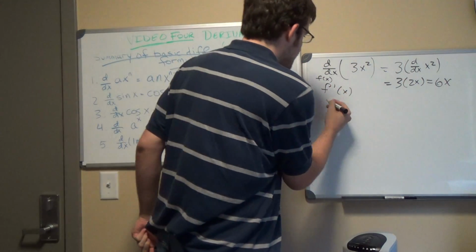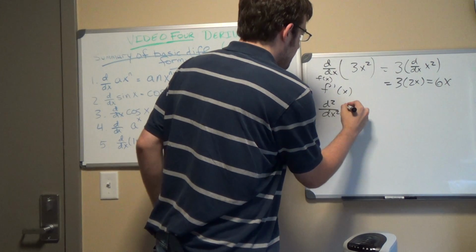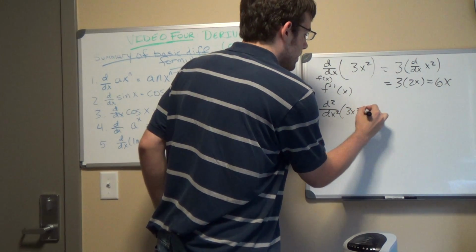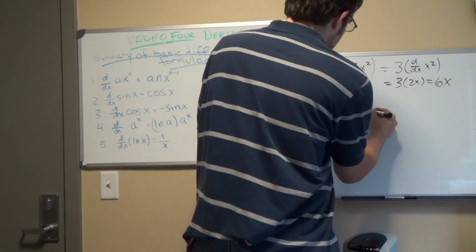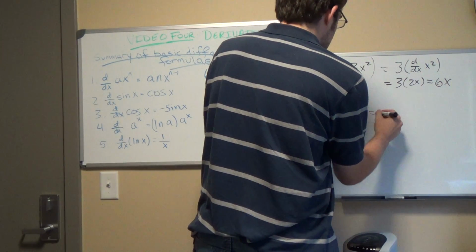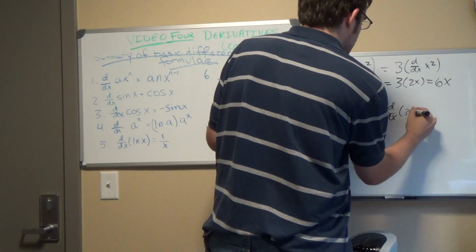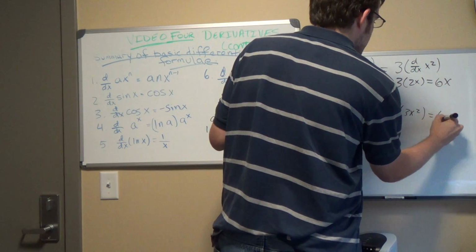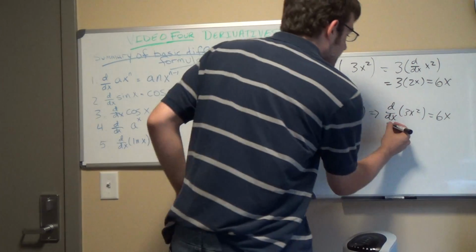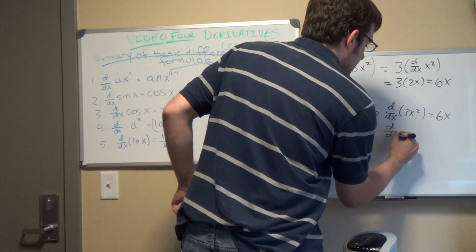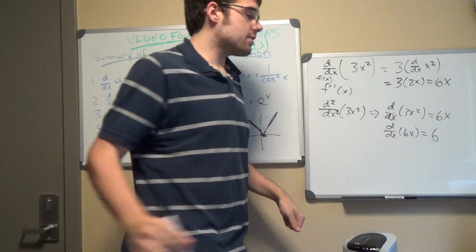So if we wanted to find the second derivative, or d squared dx squared of 3x squared, we want to find two derivatives. So we want to find the derivative of this, d dx of 3x squared, which we found earlier is 6x. We want to find the derivative of this again. So d dx of 6x equals 6.